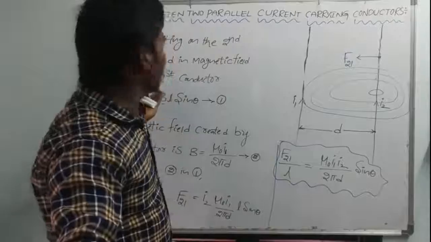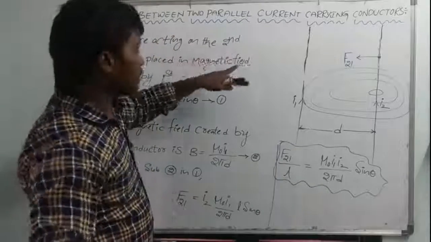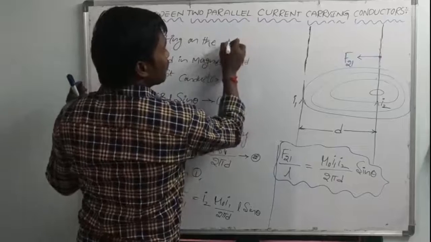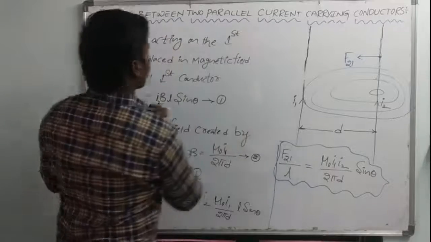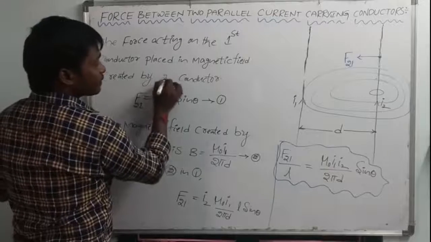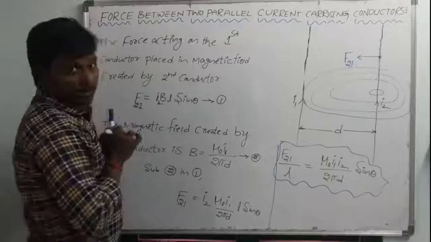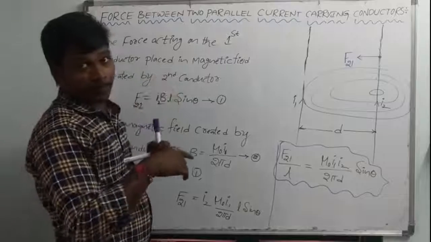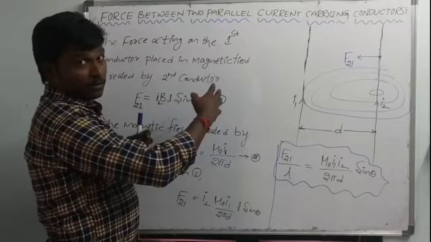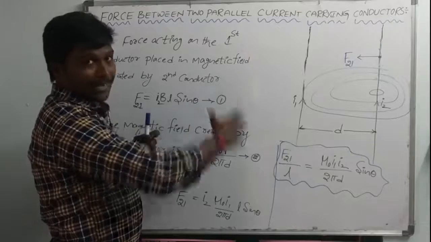So please write here: force acting on first conductor placed in magnetic field created by second conductor. You have to write again each and what we did in this procedure. This is a continuation of that.